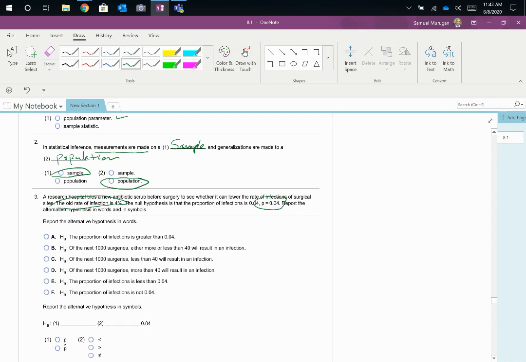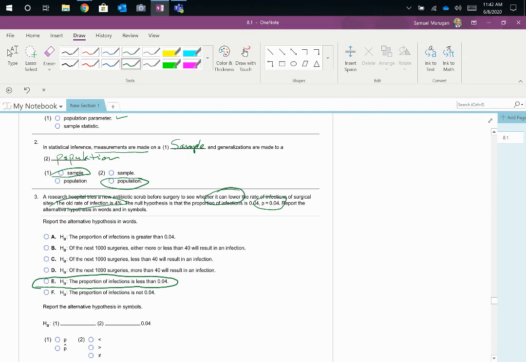What would be the alternative hypothesis in words and symbols? So we're trying to see if we can lower it. We're trying to find an alternative that says less than. In other words, we're simply saying the proportion of infections is less than 0.04.